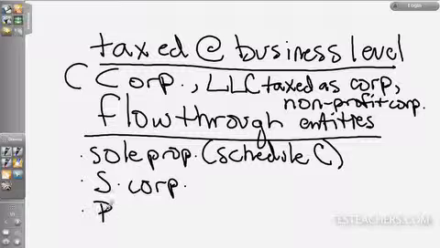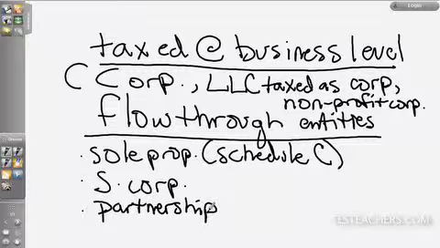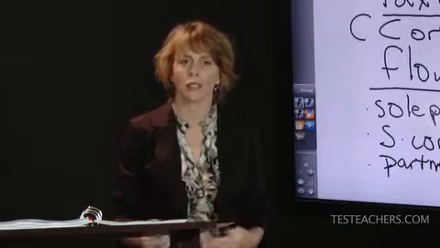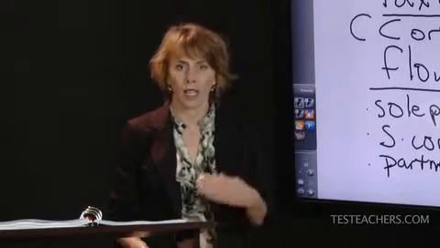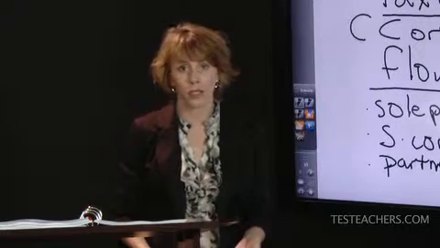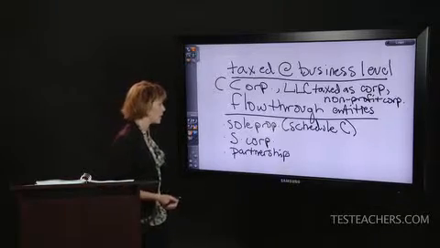Partnerships. So the flow-through tax entity, the business partners in the partnership, they get what's called a Schedule K-1 that shows their percentage of the income or their percentage of the loss, as the case may be.